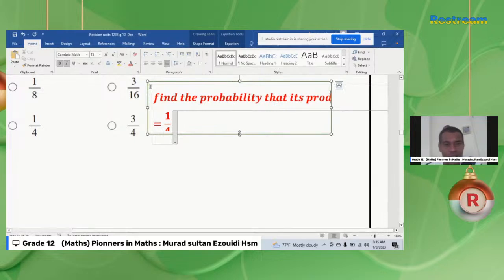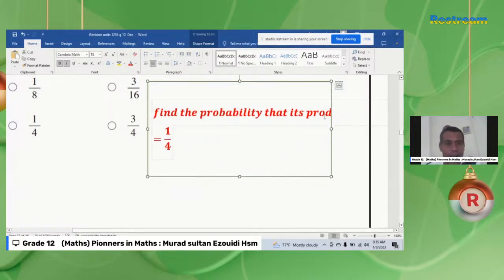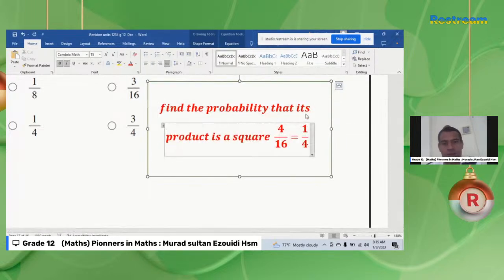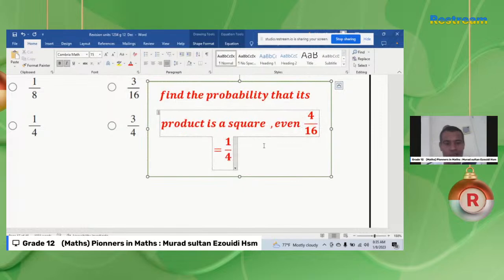I'll just exclude this one. And here in this question also, even will be considered.